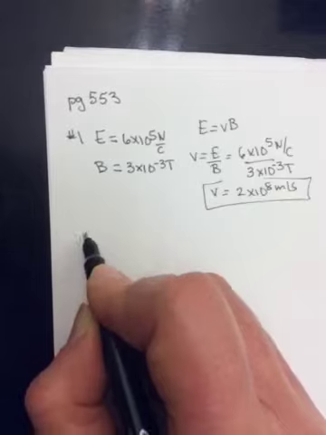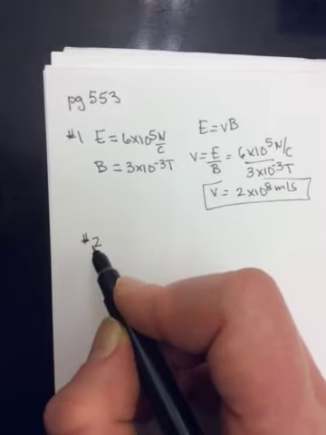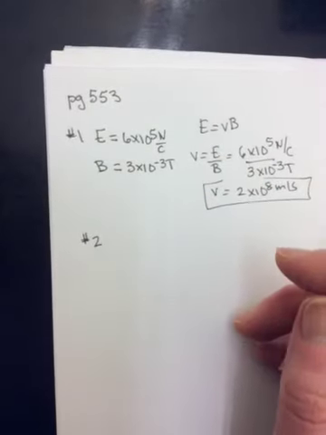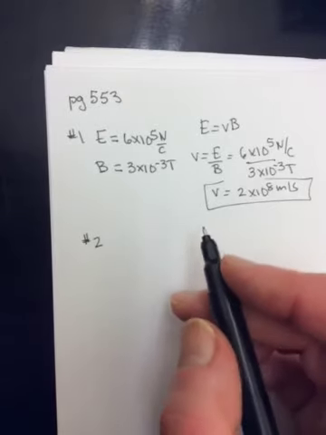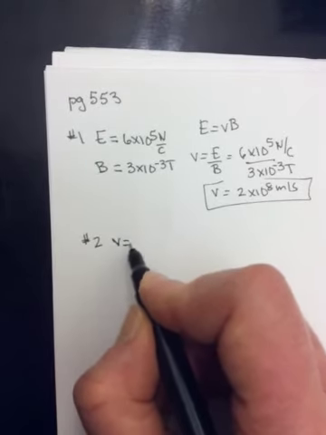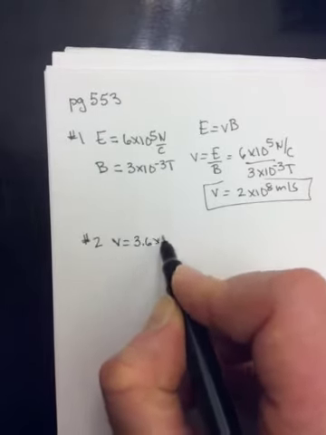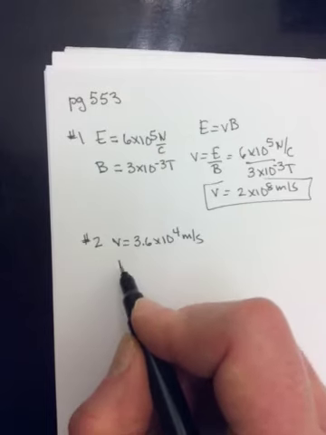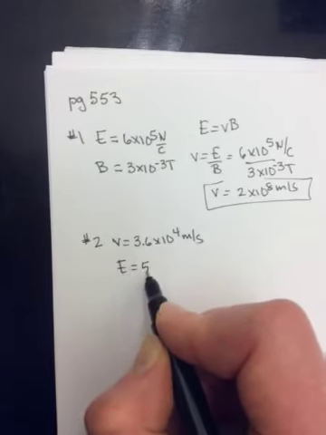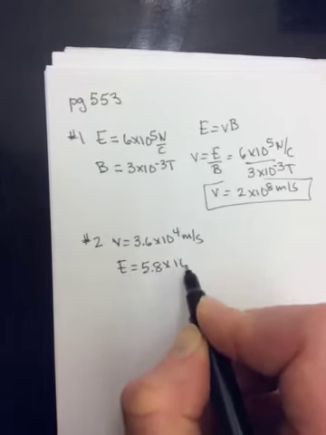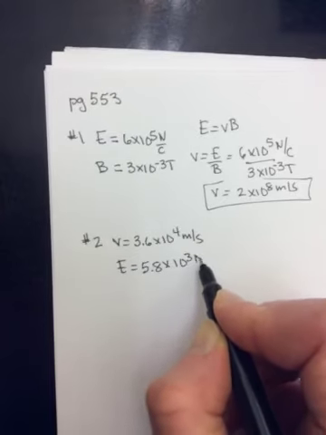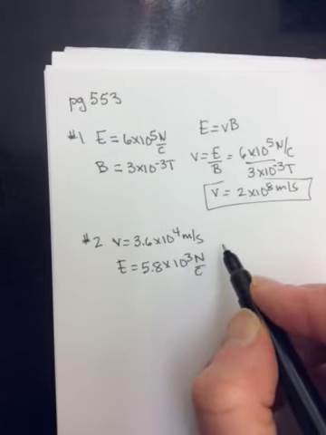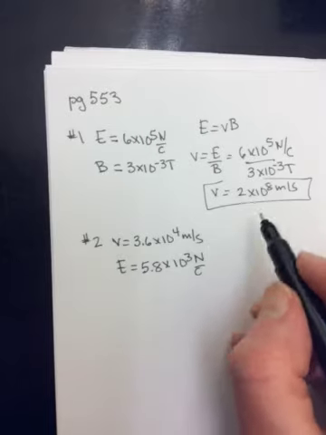Number 1. Number 2. Electrons moving at a speed of 3.6 times 10 to the 4th meters per second must pass through an electric field, E, of 5.8 times 10 to the 3rd newtons per coulomb. How large a magnetic field?